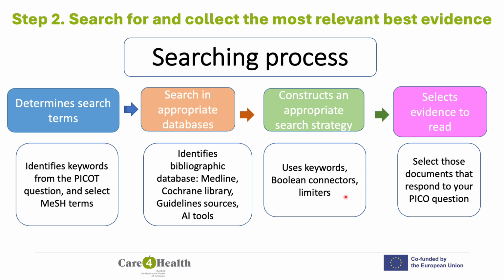There are search connectors, like Boolean connectors, that we can use in this strategy, and we must know how to use them. And the last step of this process is to select the evidence to read. So we must select the documents that respond to our PICO question to find the response.